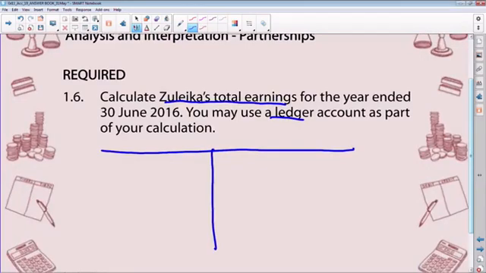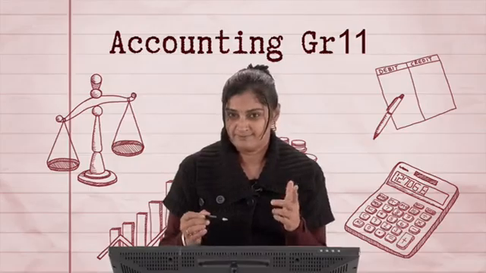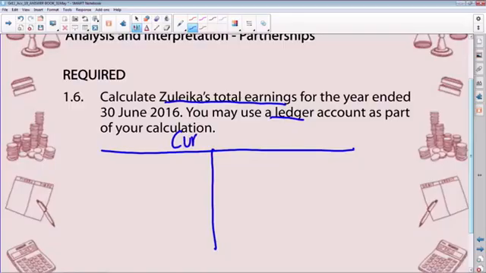Right guys, which ledger account am I talking about? We've revised this last week and hopefully you remember. Okay, correct. If you did guess, or if you did shout out this answer, we are looking at your current account. Right, now remember, the current account is obviously for partner Zuleika.